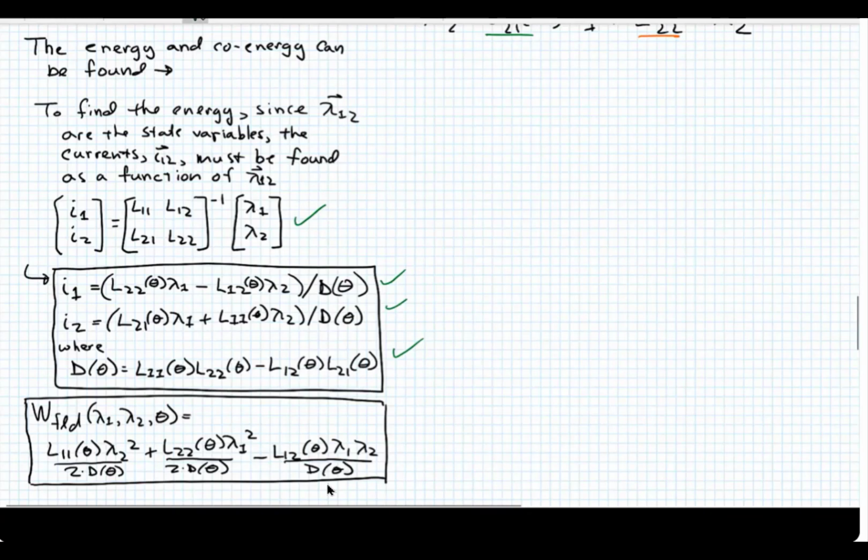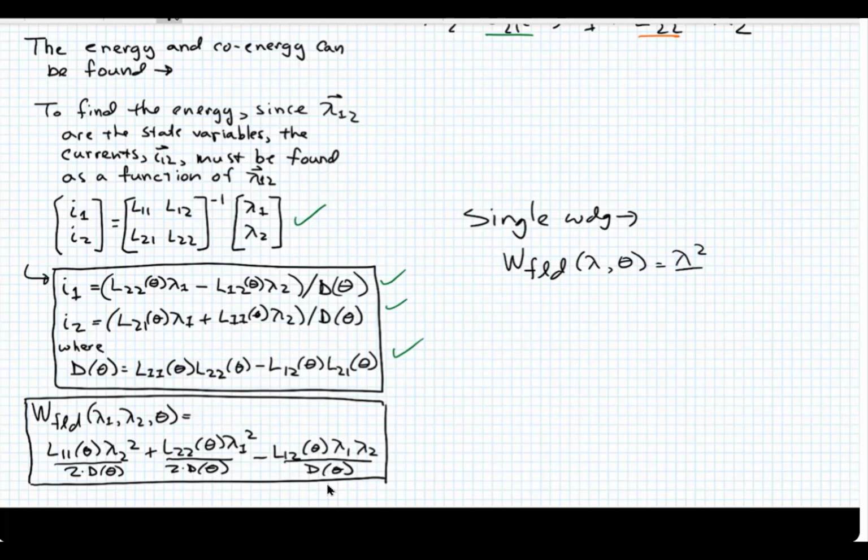So, recall, going back, what was the single winding? Very simply, the energy, which is a function of lambda and theta, was equal to lambda squared over 2L theta.